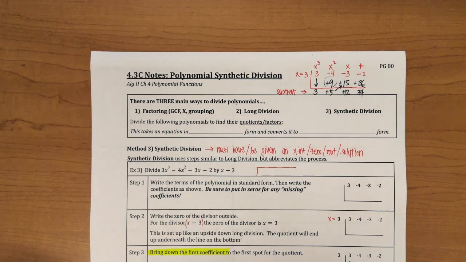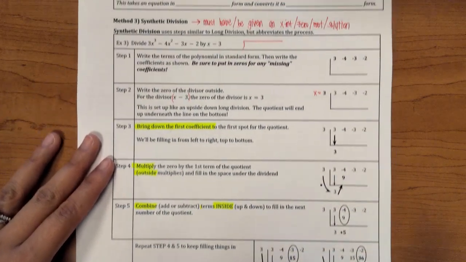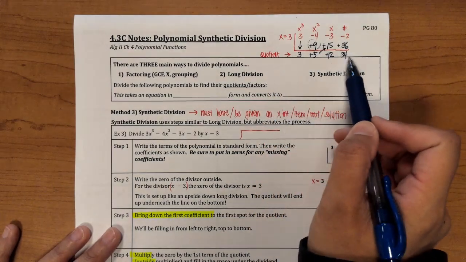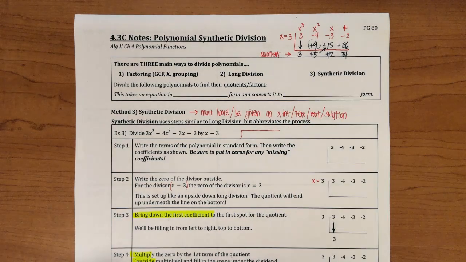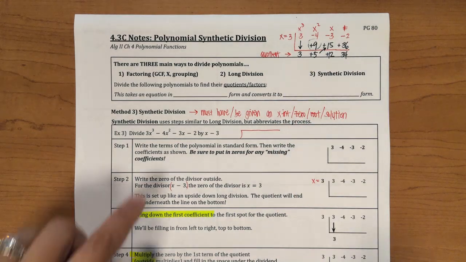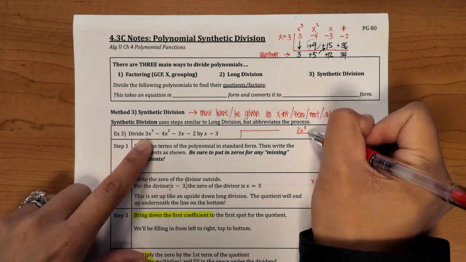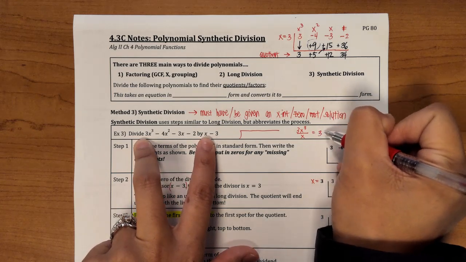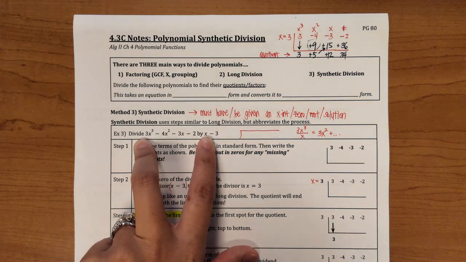And this is our shortcut for long division. So take a look. That's how I filled everything in here. And then the question is, how do you write your final answer once you have this? We know this is our answer somehow, but this makes no sense to us. So let's think real quick. If I have 3x to the third divided by x, which is our first step in long division, isn't the first term going to be 3x squared, and then we're going to have other stuff after?